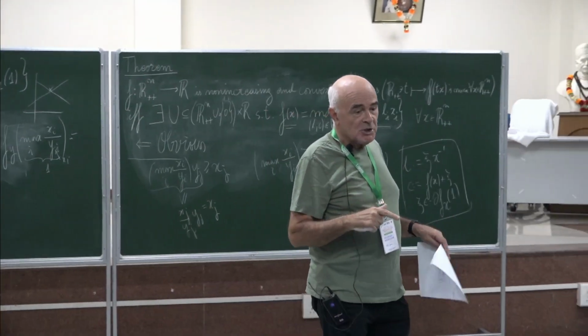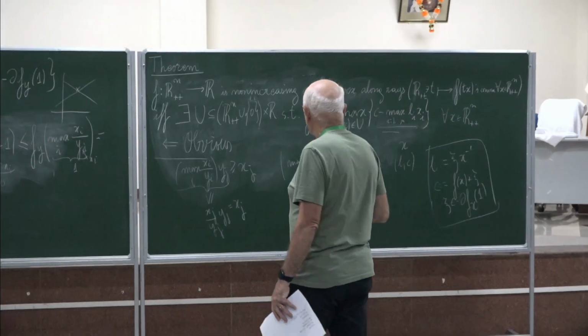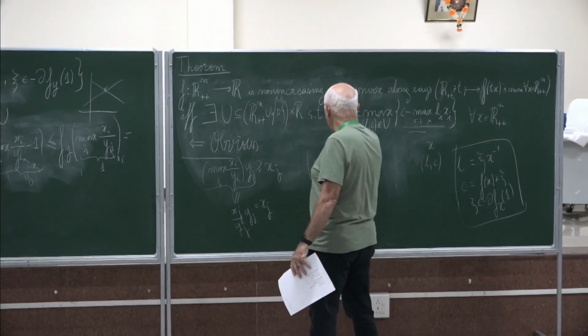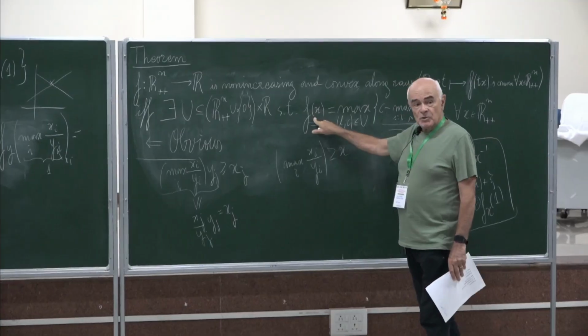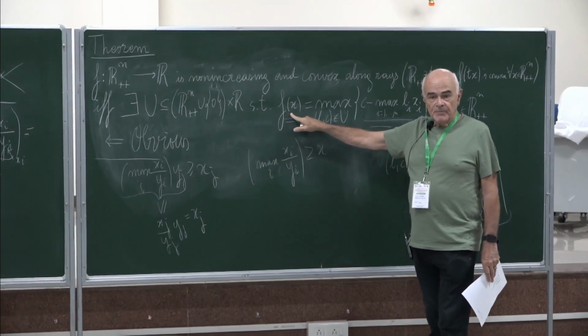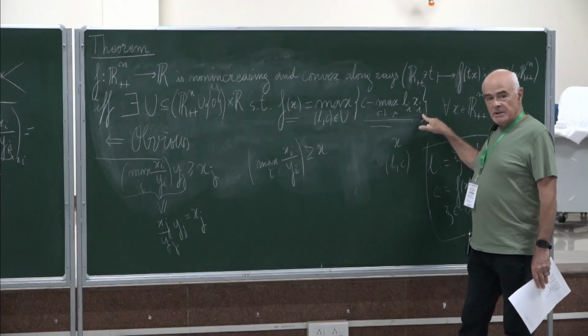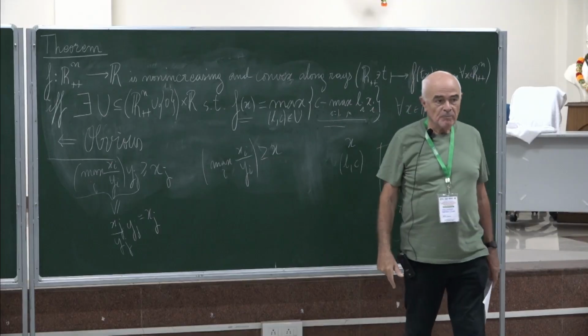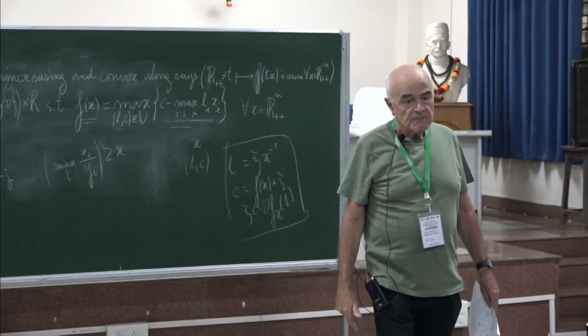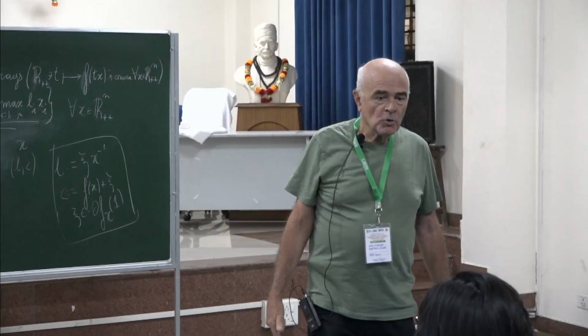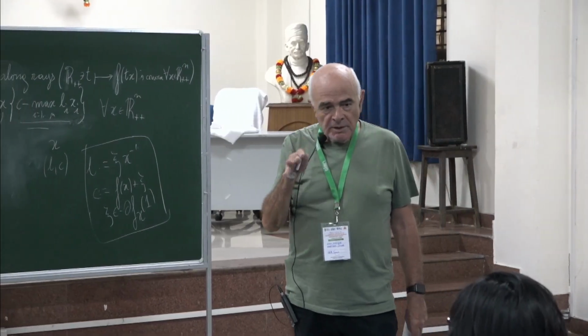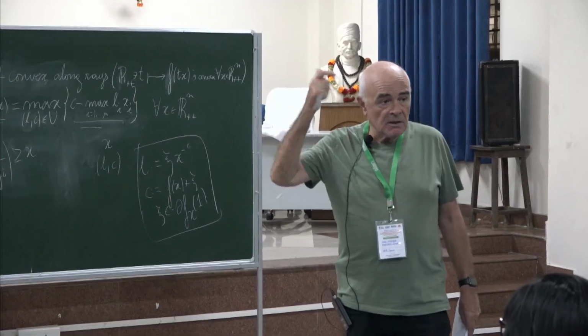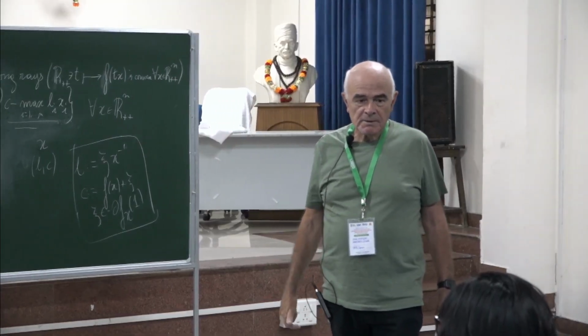A previous question is, what was your intuition to understand that these are the elementary minorants of a non-increasing and convex along rays function? Then I don't know, but when you are deeply working on something, you have ideas, and then you forget. Okay?